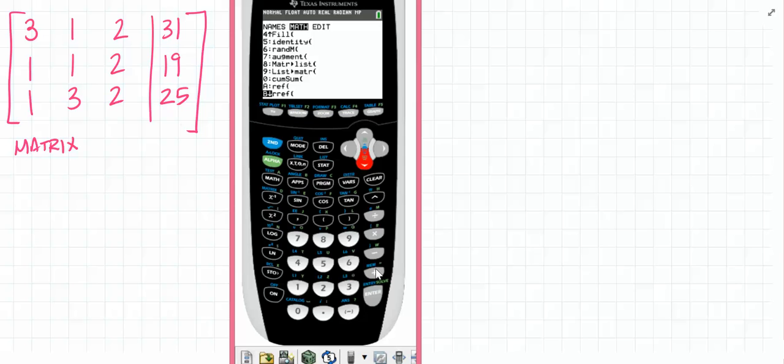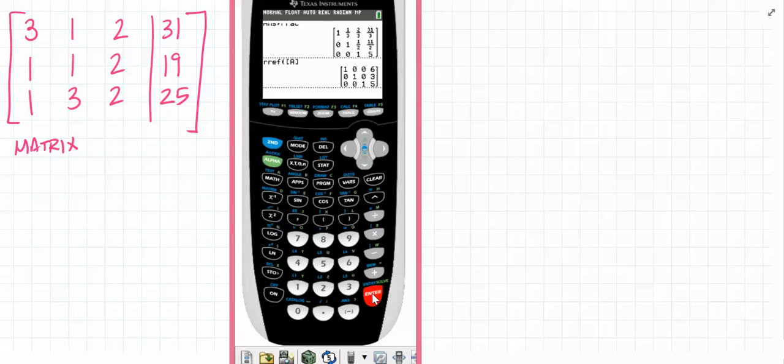And what are we going to tell the calculator? Matrix A. So second matrix, and it's already in there by name. Push enter, and now push enter again. Whoa. Golden nugget.